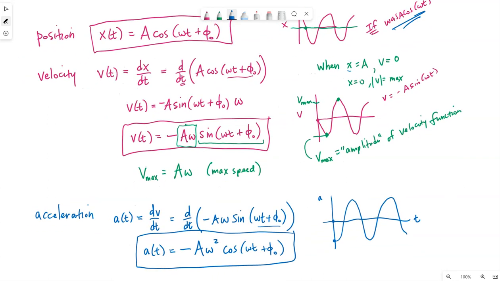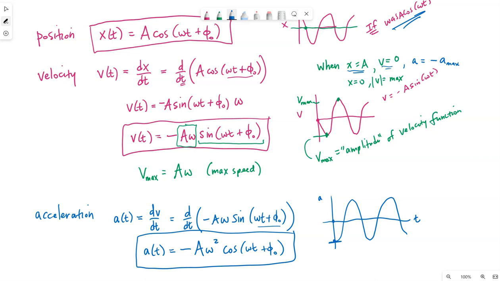So if we come back here, when x is A, meaning the mass is at its maximum displacement, velocity 0, coming down here, acceleration will be a negative maximum value. It's a negative value, just meaning it's headed in the opposite direction compared to the position, which hopefully makes sense.